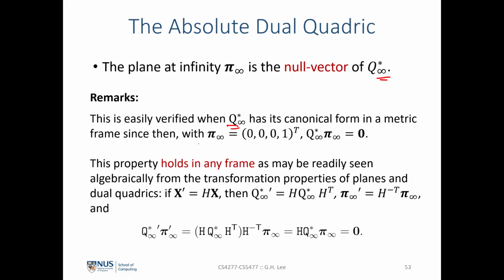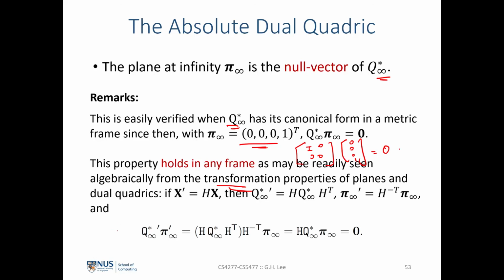With pi at infinity given by this, we can see that the product of these two will give us 0, which means that pi at infinity is in the null space of Q infinity, which is given by I, 0, 0, 0, and multiplying it by 0, 0, 0, 1 gives us 0. This property holds regardless of the transformation that is applied on pi at infinity as well as the absolute dual quadric.